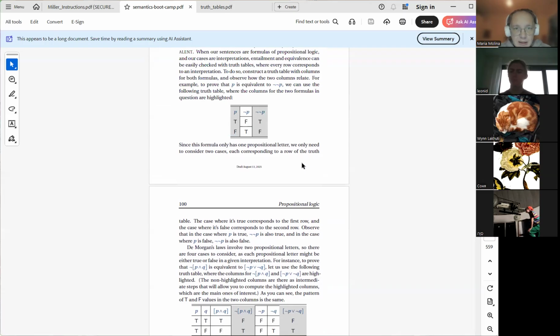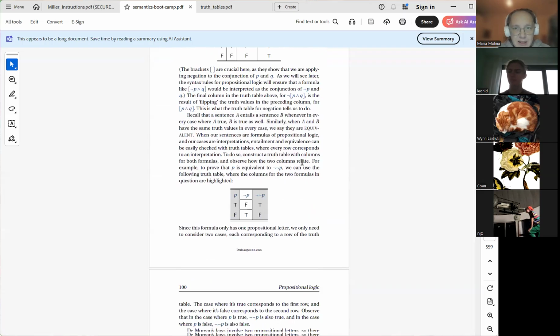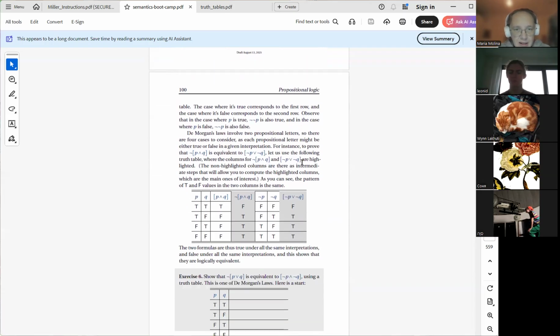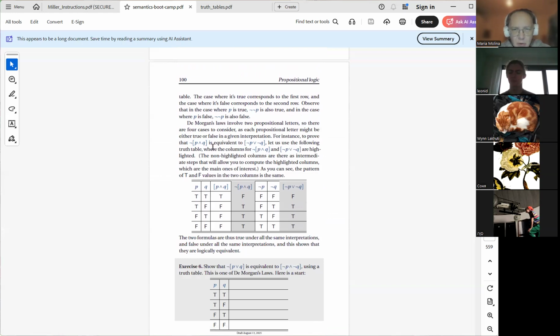And then what we didn't discuss, I guess, is De Morgan's laws that involve two propositional letters. I remind you that P is a propositional letter, which means that behind this P we have a clause, some statement like the sky is blue, or the day is windy, or the dog is white.